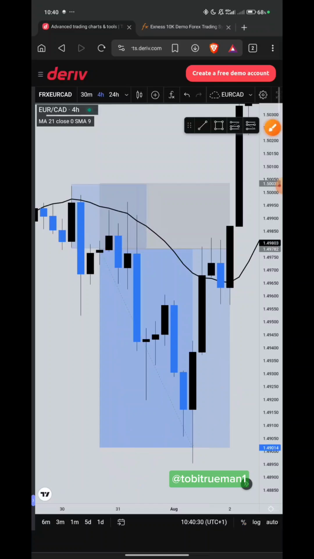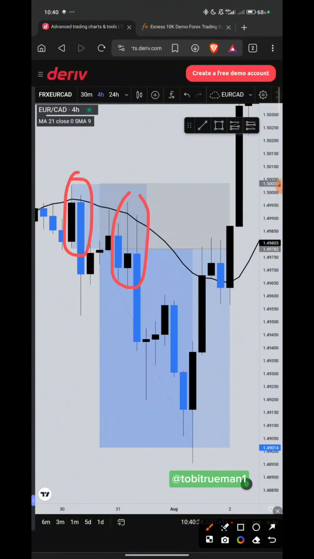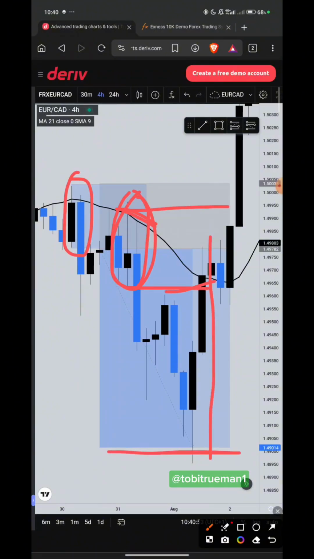Okay, now what you should note here is why price tapped into this particular signal. Price also did what? Tapped into the second signal, which is also on the same 21 moving average. You can see it crossing it. Price also crossed it and gave us this signal. We were supposed to enter this signal immediately, before price gets to our first target.